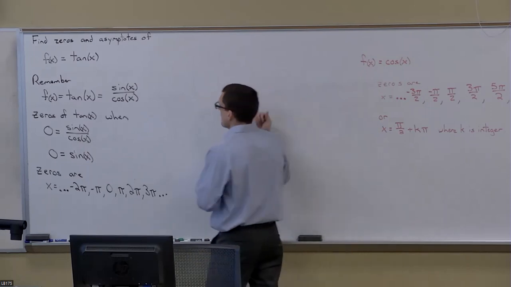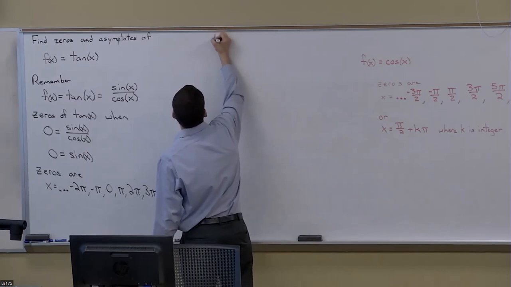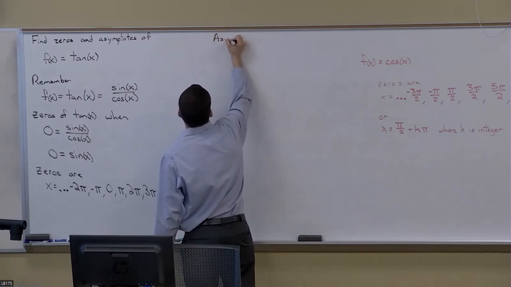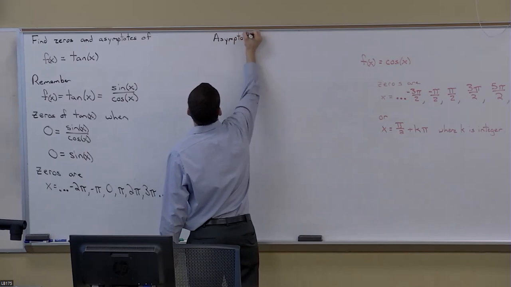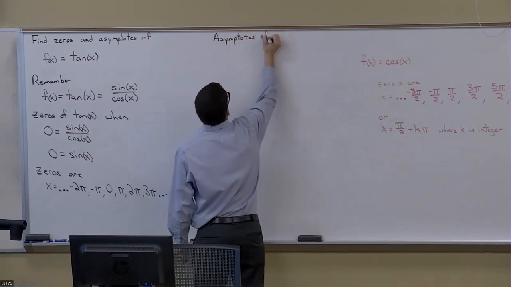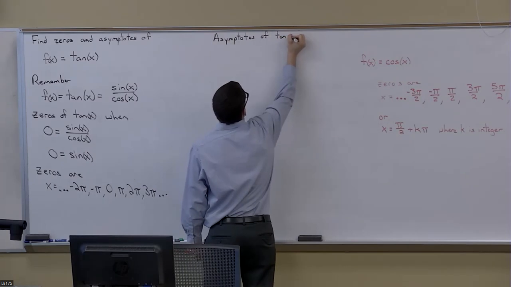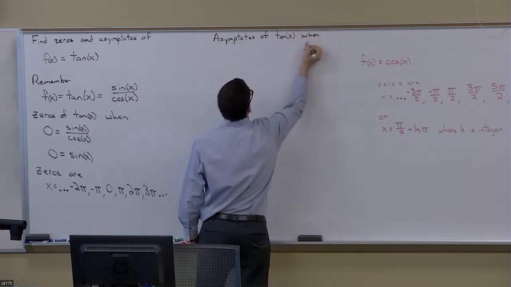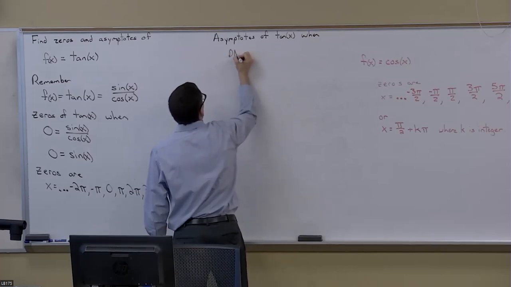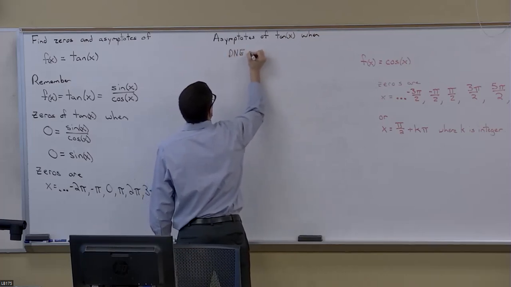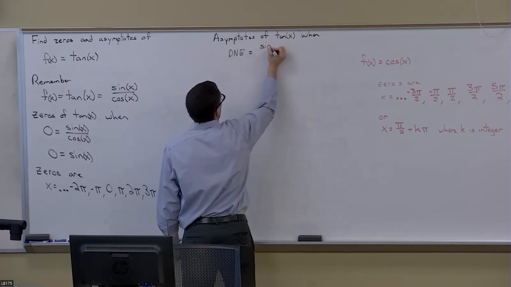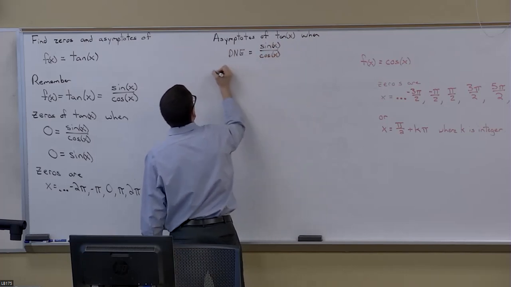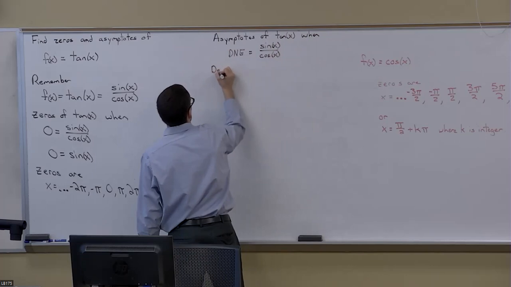And similarly, if I'm talking about where the asymptotes are, the asymptotes happen when tangent does not exist, or when the denominator is 0.